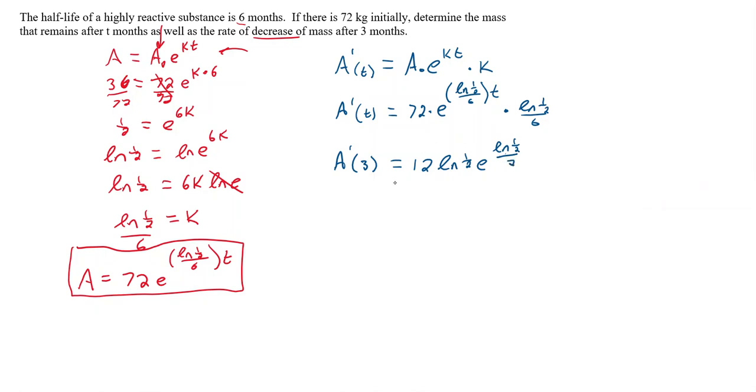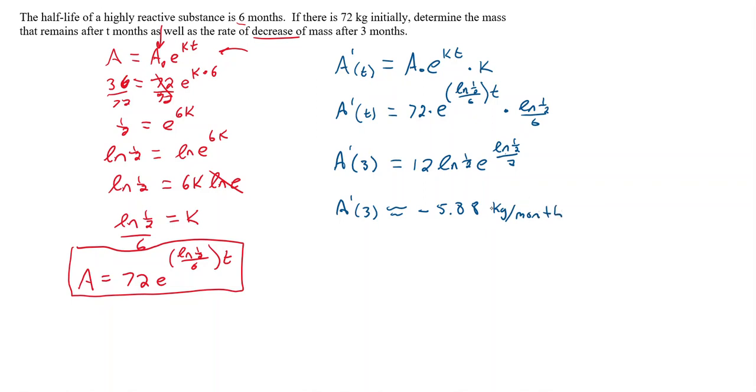So there is my exact answer, but as an approximation, it is approximately equal to negative 5.88, and my units here would be kilograms per month.